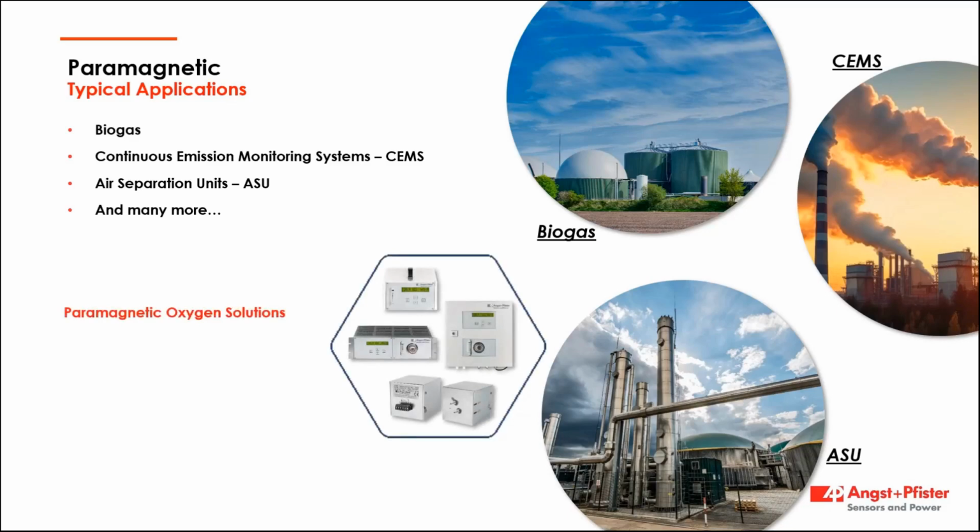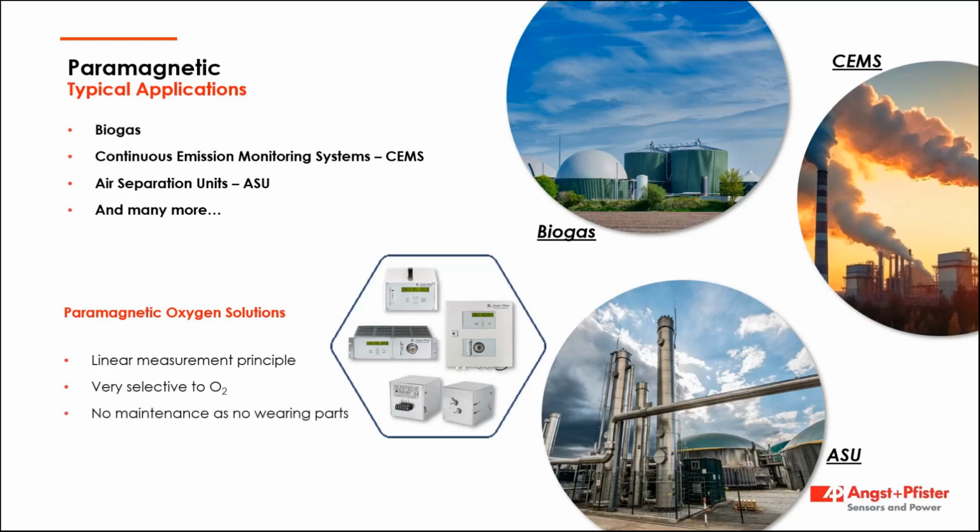Moving towards the features and highlights, the paramagnetic principle for oxygen detection is fully linear and thus requires no post-processing or linearization of the sensor output. As mentioned before, due to the paramagnetic nature of the oxygen molecule, the sensor offers very low cross-sensitivity to other gases, which makes it extremely selective to oxygen.